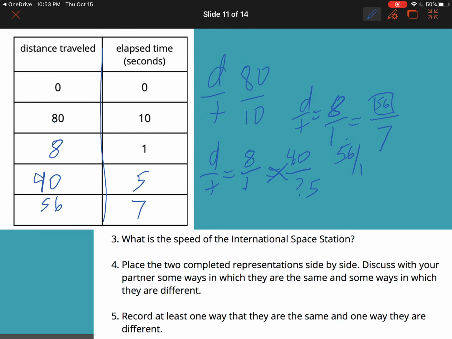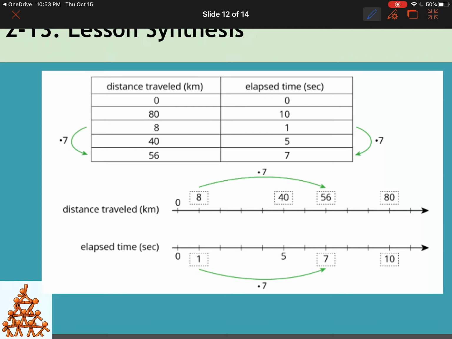So you may find the table is an easier method. You may find the number line is easier. So again, just looking at our numbers, you can see our table as well as our number lines.